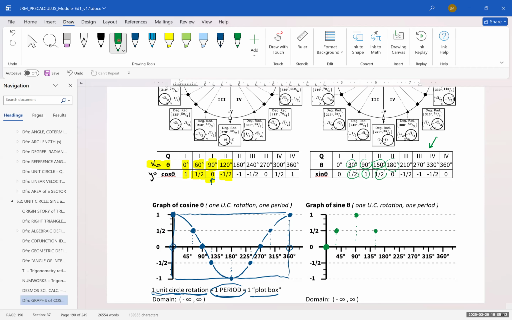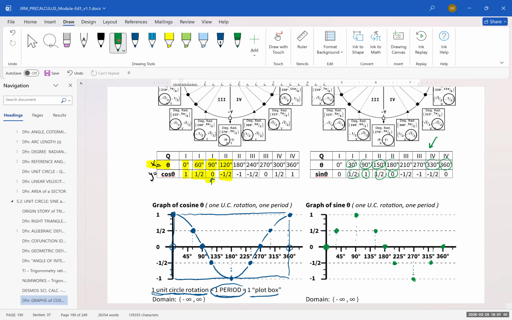At 180 degrees, the sine of 180 is 0. At 210 degrees, the sine of 210 is negative 1/2. At 270, the sine of 270 is negative 1. 330, so the sine of 330 is negative 1/2. And then the sine of 360 degrees is back to 0.